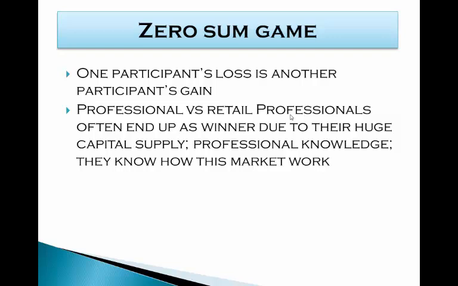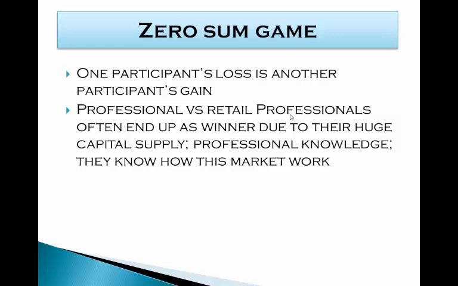Now, the characteristic between these two groups: the standout characteristic of the professional traders is that they have an unlimited supply of money. For example, banks never worry about their supply of money. Because of that, they can afford to employ experts, smart people, to analyze the market for them.